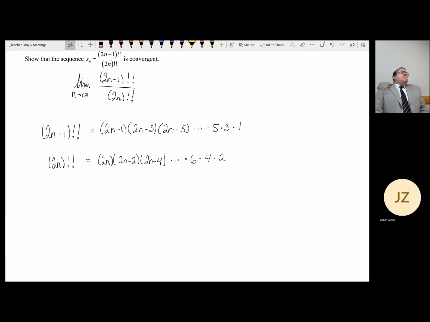There are two things that are going to be helpful. The idea of monotonicity and the idea of bounded.